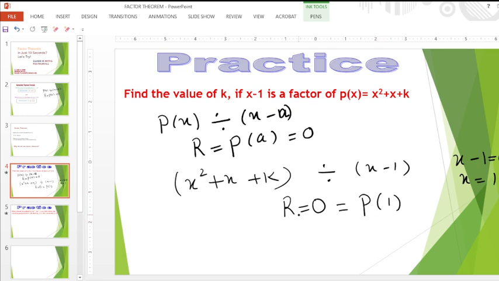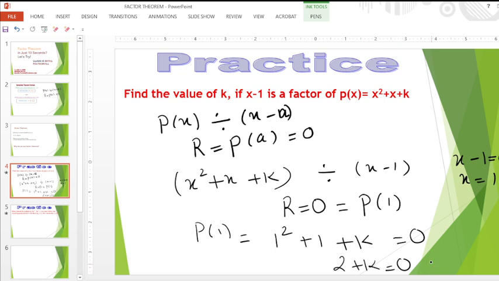And by the factor theorem, your remainder is 0. So let's find p of 1. p of 1 is 1 square plus 1 plus k, and p of 1 is equal to 0. Let's solve this. 2 plus k is equal to 0. This implies k is equal to minus 2. So this is the value of the constant of this polynomial, and the polynomial x square plus x minus 2 is divisible by x minus 1, with remainder 0.